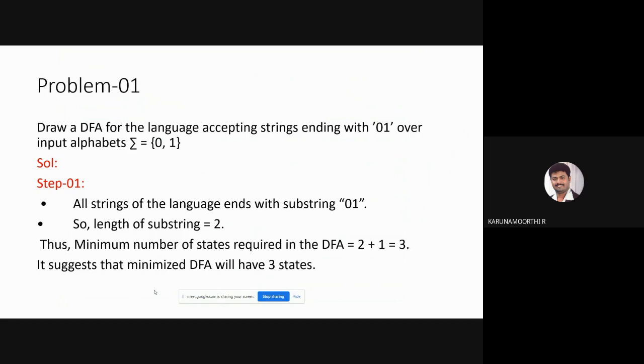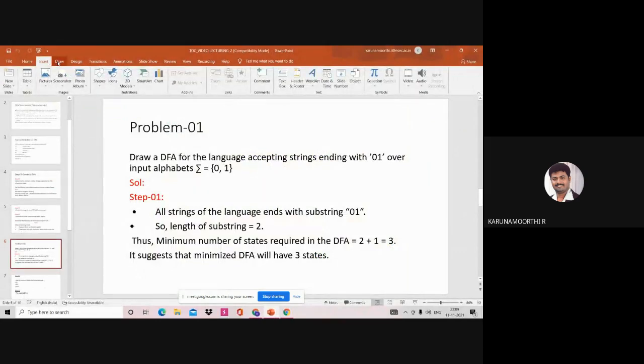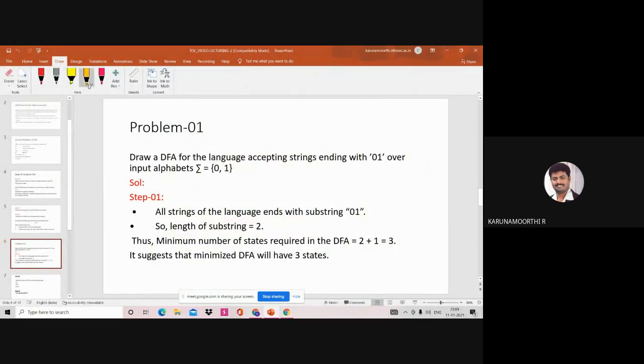Let us draw the diagram here. The ending string is 0, 1, so this is the substring. What is the first step? All strings of the language end with substring 0, 1. What is the length of the substring? 2.